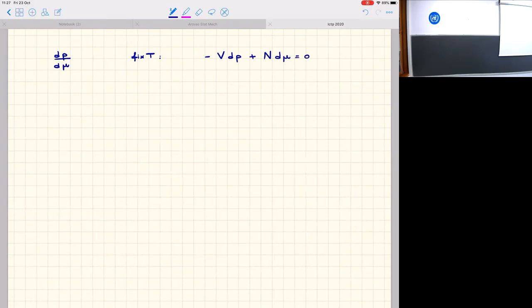If I fix temperature and use the previous expression, that implies that this is equal to 0. And therefore, this means that dP/d mu is equal to plus N over V. So in other words, it's the density.